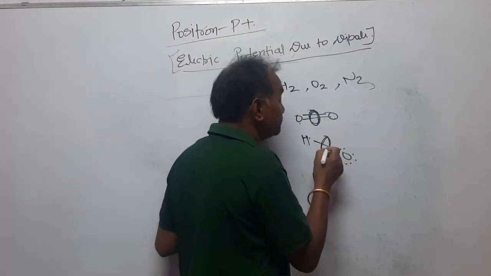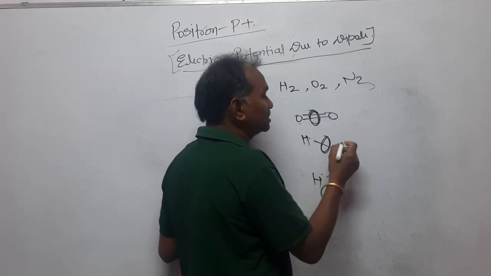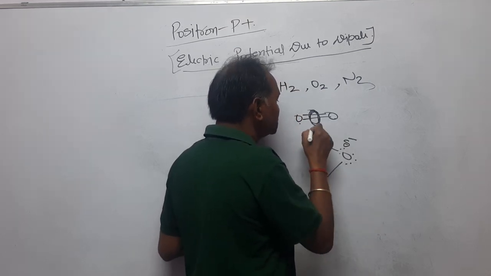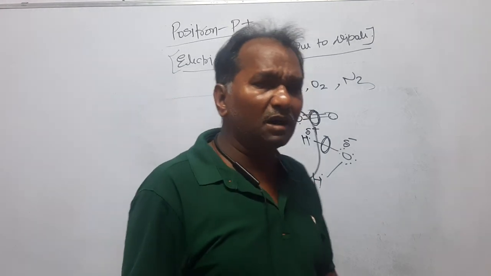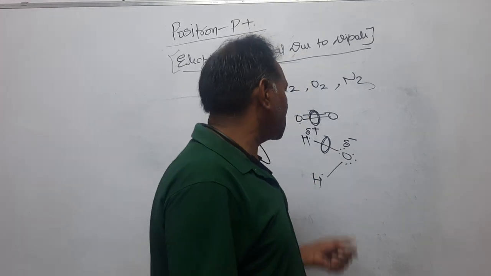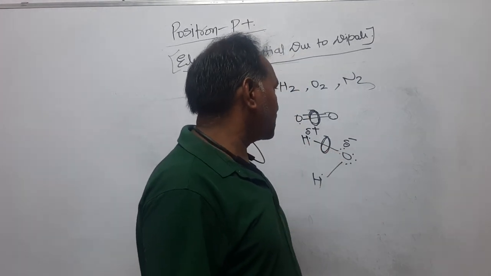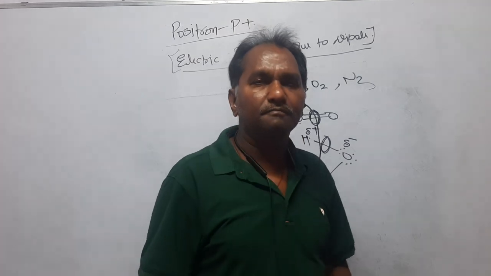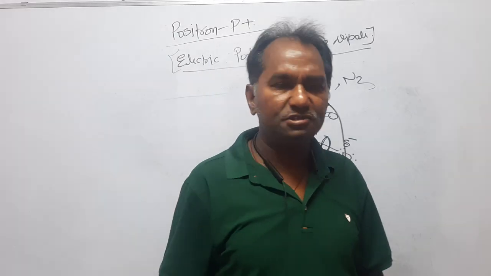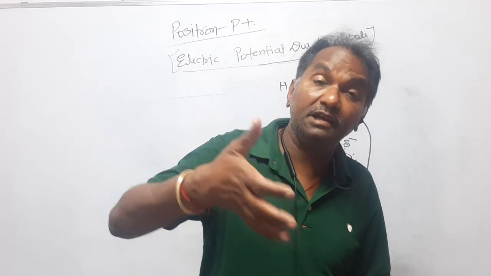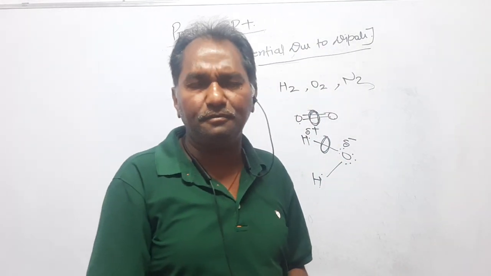It is displaced a bit towards oxygen, so oxygen becomes del minus and hydrogen becomes del plus. Now, of the two atoms of H2O, hydrogen has become partially positive and oxygen has obtained a partially negative charge, in the absence of any electric field.